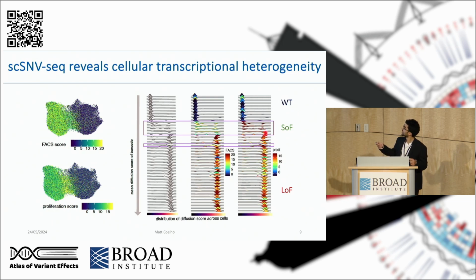And you get a cellular transcriptional heterogeneity. So some of the cells with the same variant, which we know is installed because of the DNA sequencing, some of them are in this wild-type-like state, and some of them occupying a loss-of-function-like state. And we think that's to do with the expression of this regulator IRF9 of the pathway. So this is giving us a bit more information that we never would have seen with the proliferation screen.